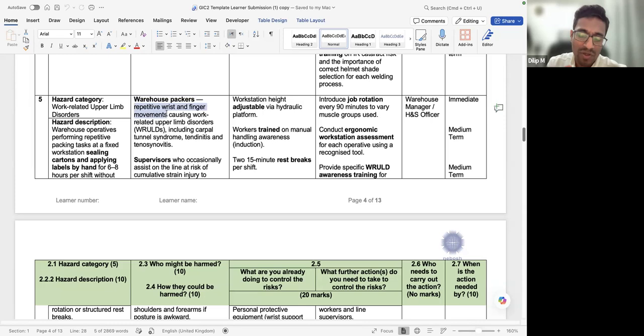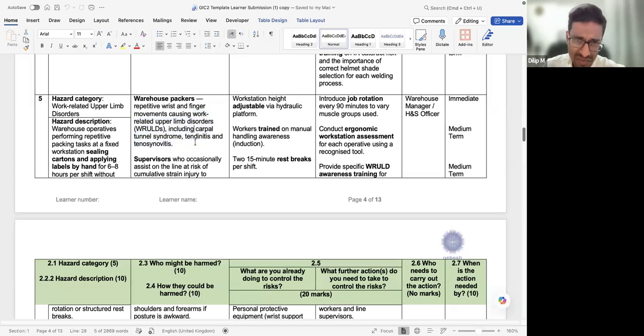You have to be very specific when defining the severity. So, causing work-related upper limb disorders, including carpal tunnel syndrome, tendonitis, and tenosynovitis. For this, you can do some research, or you could include other terms like muscle weakening or tendon or ligament damage.